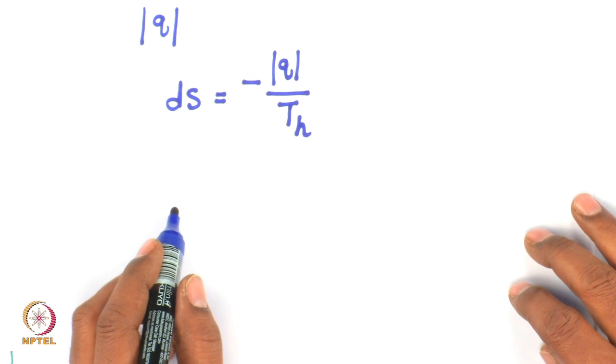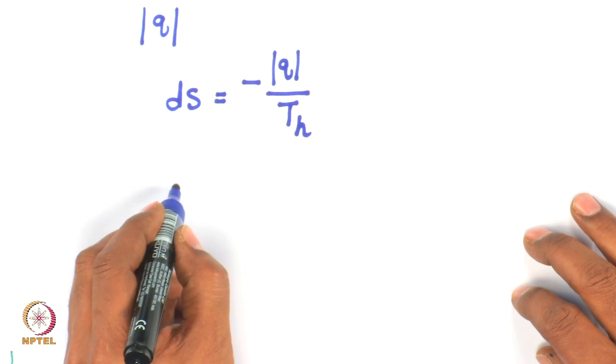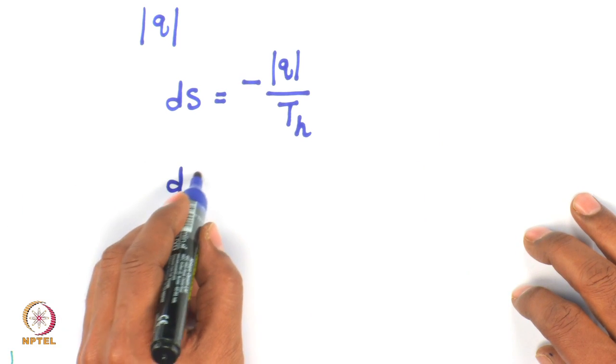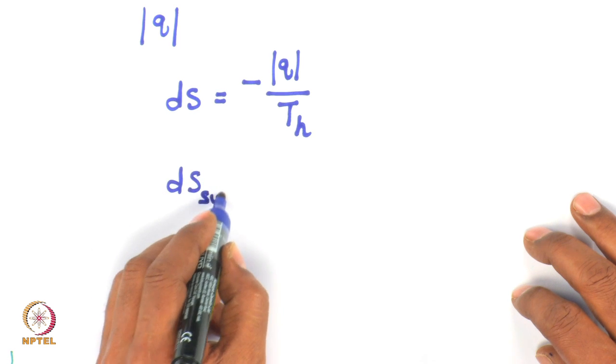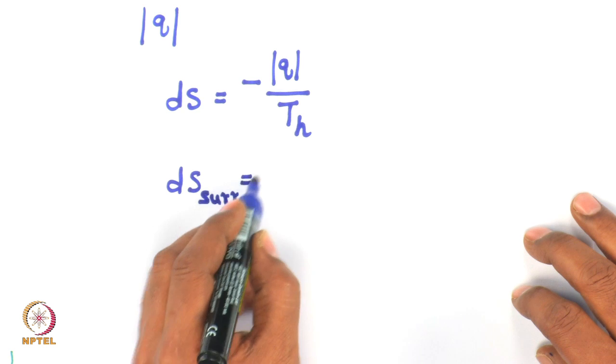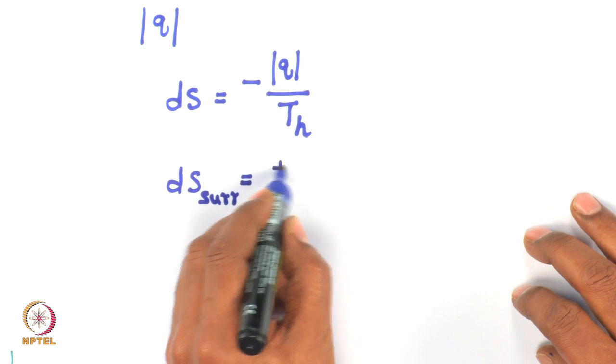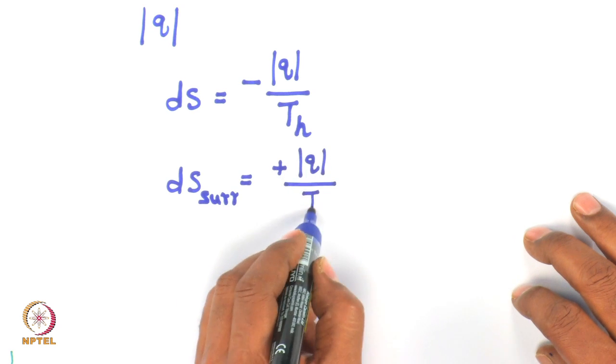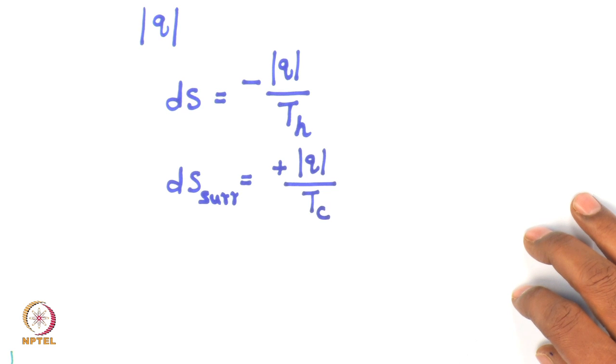And if I consider the cold body, wherever the heat is going to, as the surrounding, then it will be plus, because heat is being received there, divided by Tc. Tc is the temperature of the cold body.